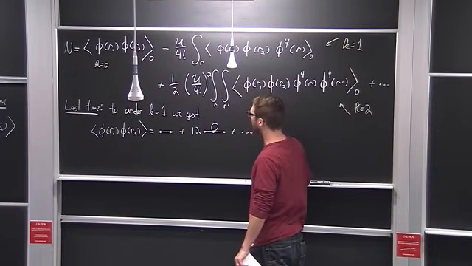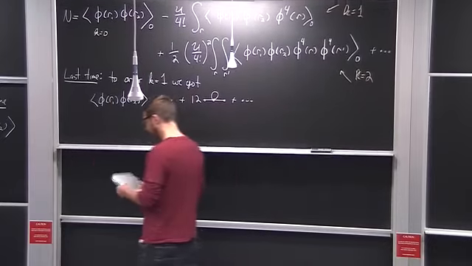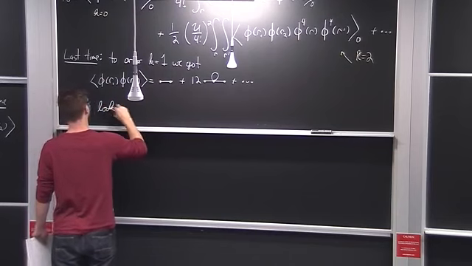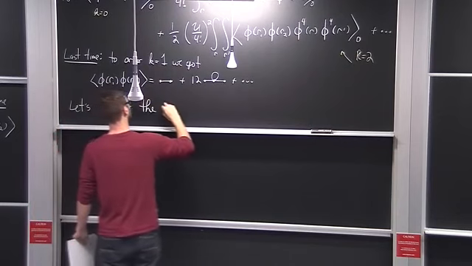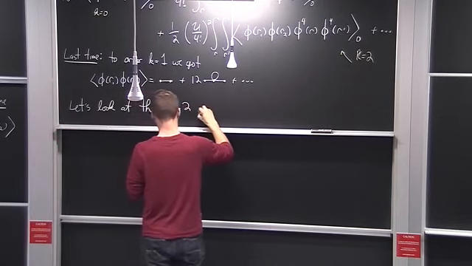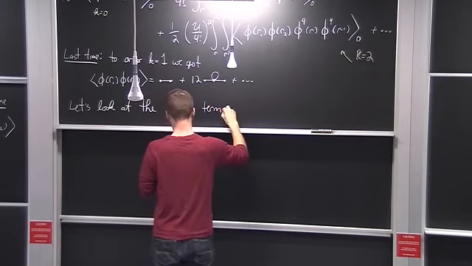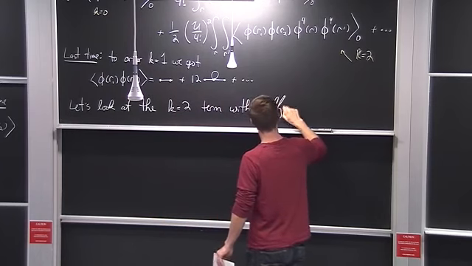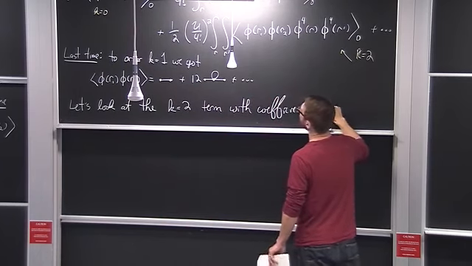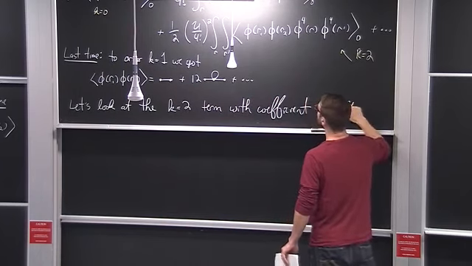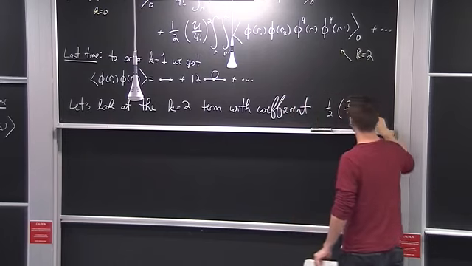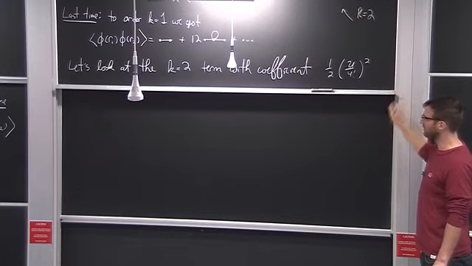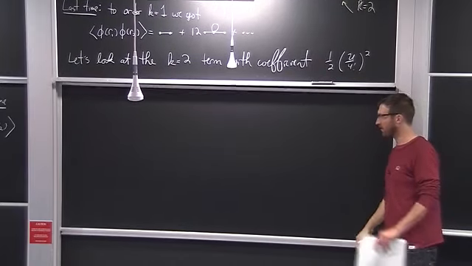So now let's look at the k equals 2 term. It has coefficient 1/2 (u over 4 factorial) squared. And again, if u is small, then that term's getting smaller and smaller as you go to higher and higher orders.